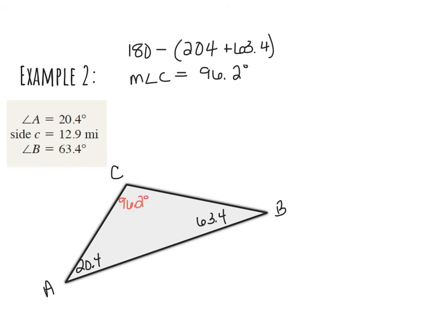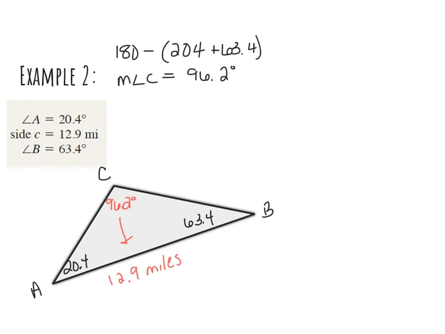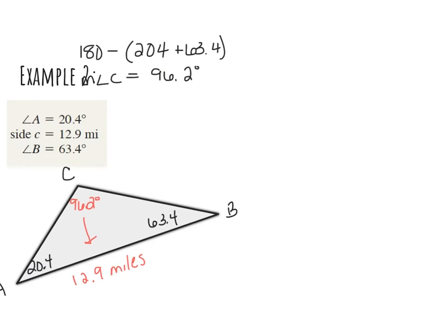In our given information, they also told us that side C was 12.9 miles. And again, now we can see that this is our angle and our side opposite for the start of our ratios. Let's go ahead and solve for side A, which is going to be across from angle A. We always start with that known ratio.